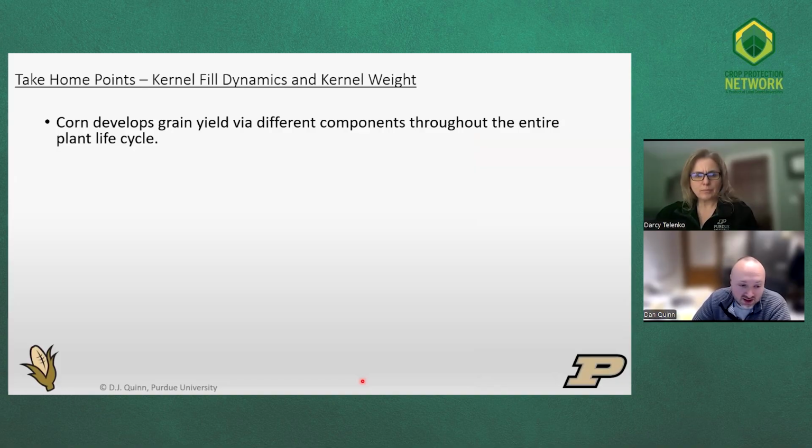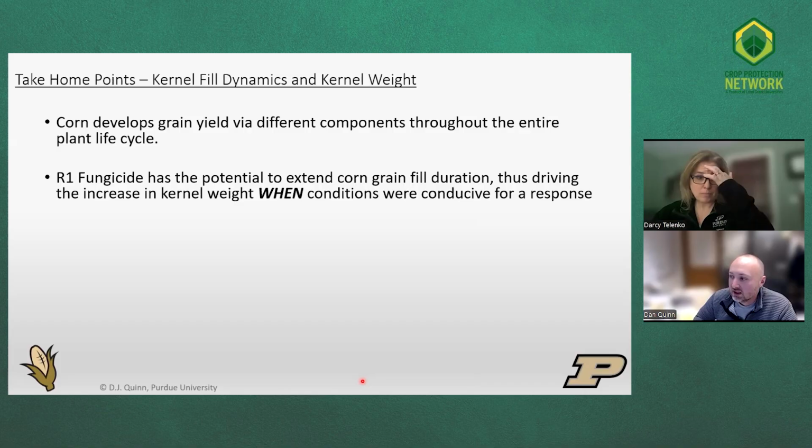And corn develops yield in different ways throughout the entire season, whether it be number of plants, number of harvestable ears, kernel number, ear size, and then we get into kernel dry weight as well. So there are all aspects throughout the entire season that we have to pay attention to, but also ways that the corn plant can be impacted negatively from a yield standpoint.